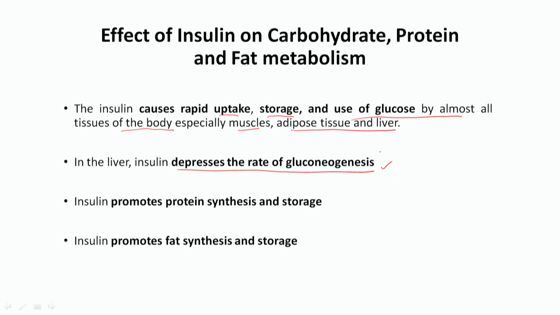It will promote protein synthesis and storage, and also fat synthesis and storage. So it will depress gluconeogenesis, enhance protein synthesis, and promote fat synthesis and storage. That is the important role of insulin.